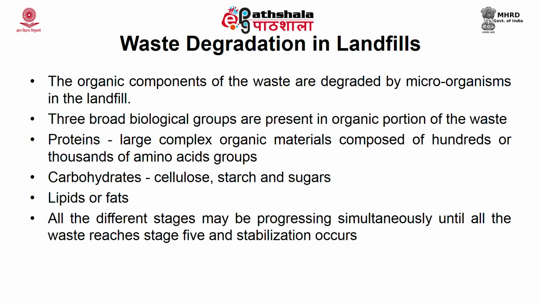Later, the acetates are converted to methane and carbon dioxide by the methanogens. Methanogens are a group of bacteria which convert the acetates into methane and carbon dioxide, and methanogenesis is the last phase of anaerobic degradation.